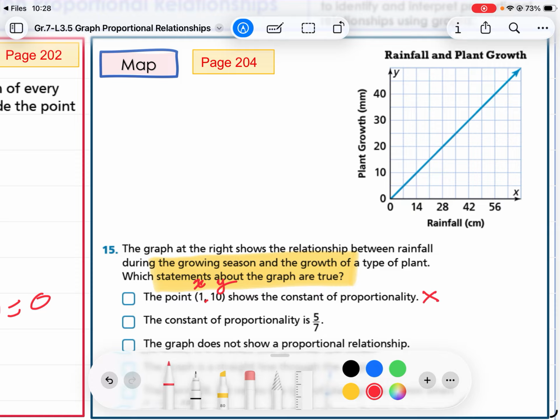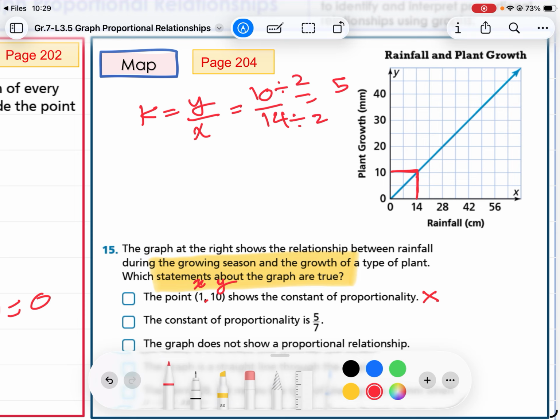So that's an x. Now the constant of proportionality is 5/7. Let's discover that. How do we find k? It's y divided by x. So we're going to take x as 14. When x is 14, y will be 10. Let's simplify it. I think they both can be divided by 2.